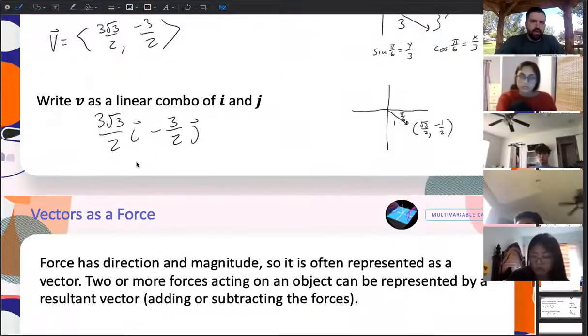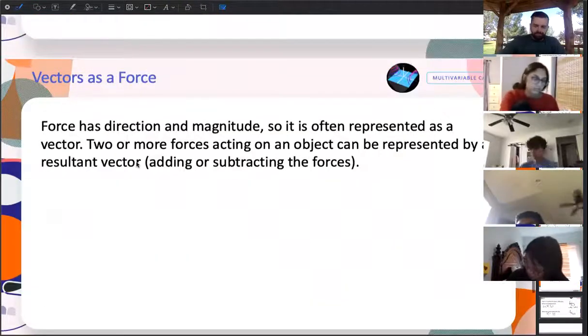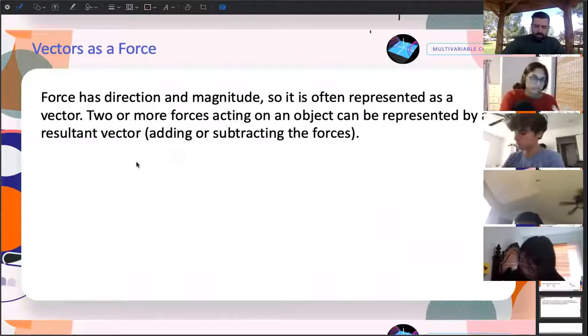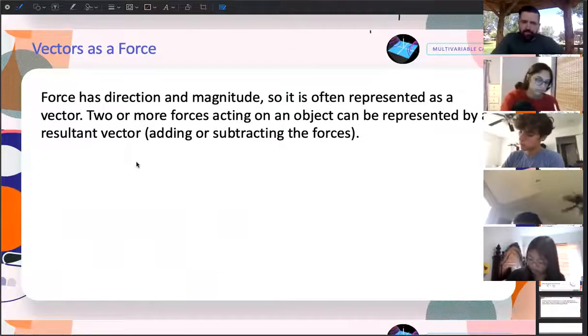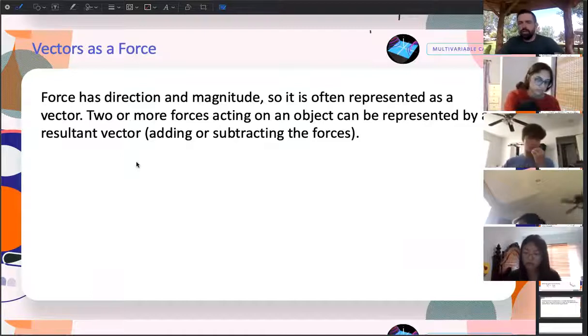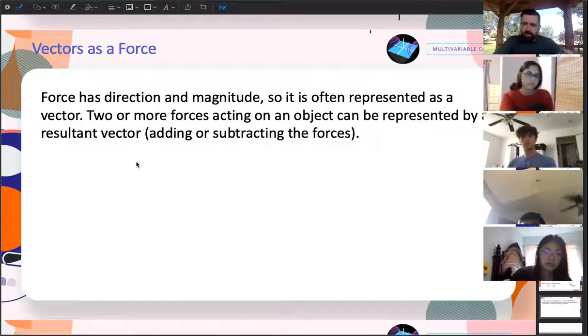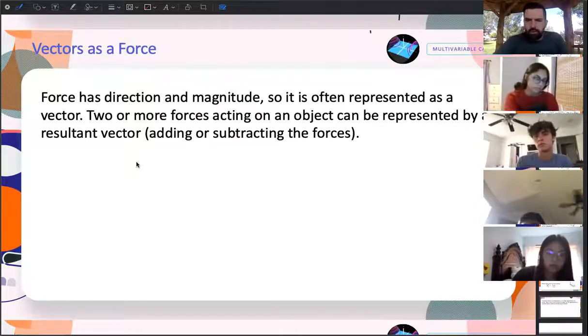All right, vectors as a force. Often we use vectors to describe forces because the main thing with a force would be a magnitude and a direction. So if you're pushing or pulling or lifting or dropping or something is happening, there's a force involved, a magnitude of a force, and there's a direction.